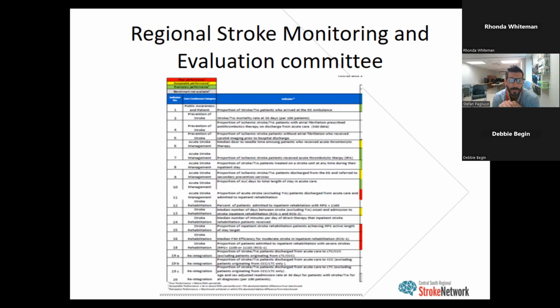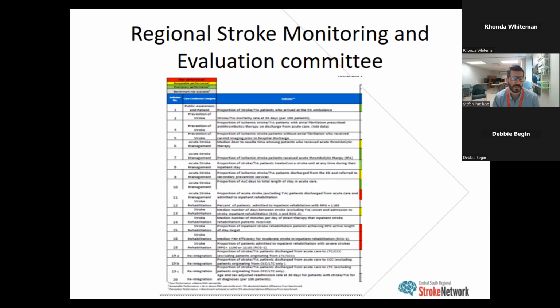We look at the proportion of patients who receive carotid imaging. We also look at our hyperacute processes. We look at the door to needle time, the amount of time it takes from when a patient gets to the door until those who receive thrombolysis actually have the drug delivered. We also look at the proportion of patients who receive thrombolysis.